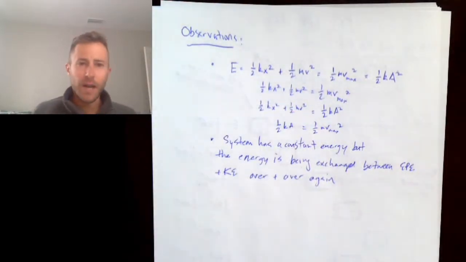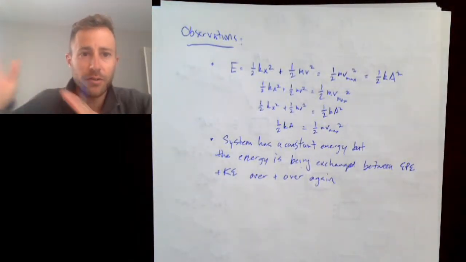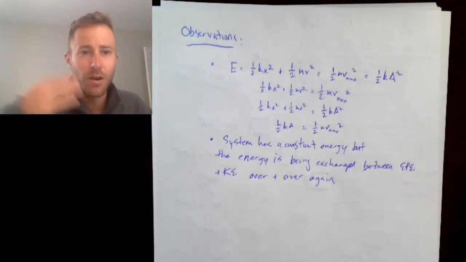In fact, you could view simple harmonic motion as just an exchange of kinetic to potential to kinetic to potential to kinetic to potential over and over again in perpetuity.